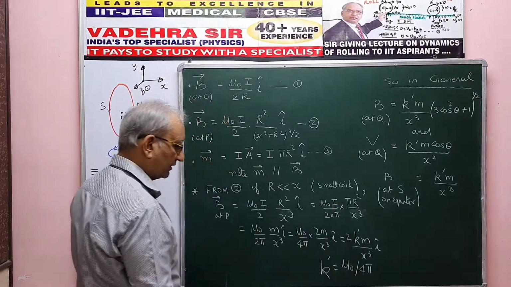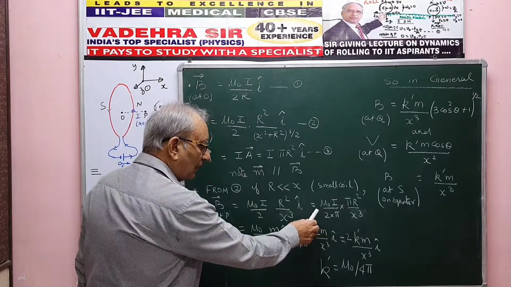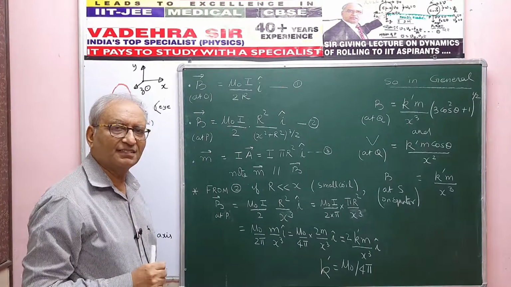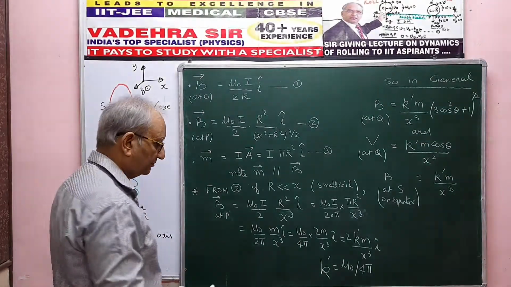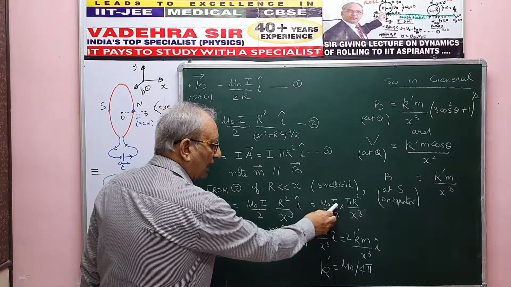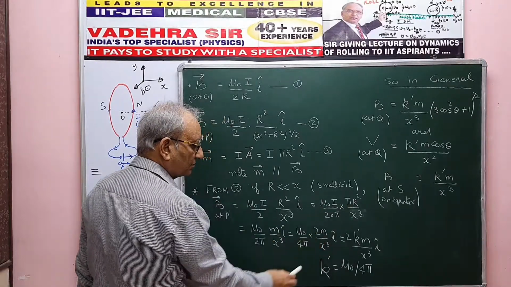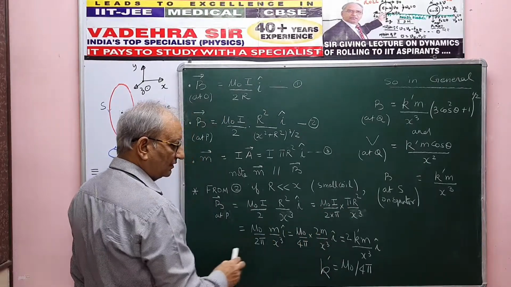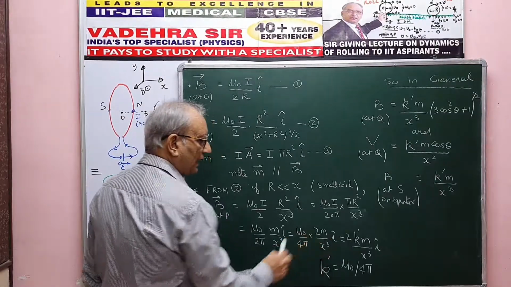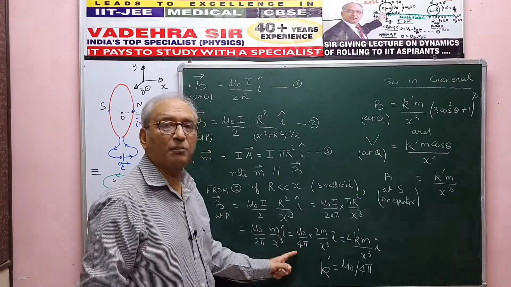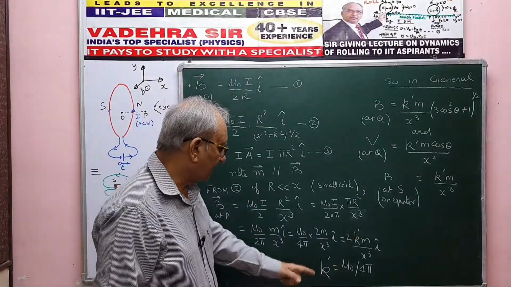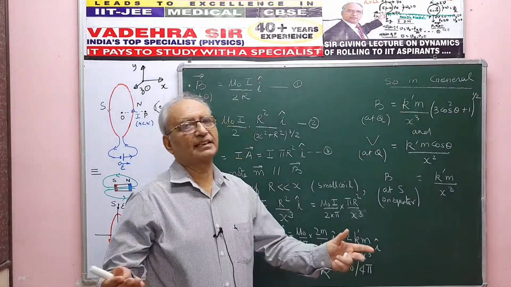Now look at this expression. Now I multiply and divide by 2 because I have to bring in mu naught by 4 pi, the magnetic field constant. So mu naught by 4 pi, I pi r square is m, x cube is already there. So I get mu naught by 4 pi, 2m by x cube, I cap. Mu naught by 4 pi is k dash, the magnetic field constant.